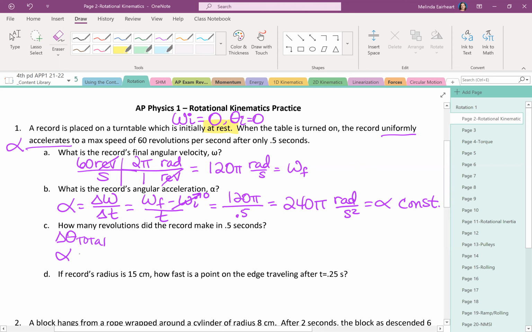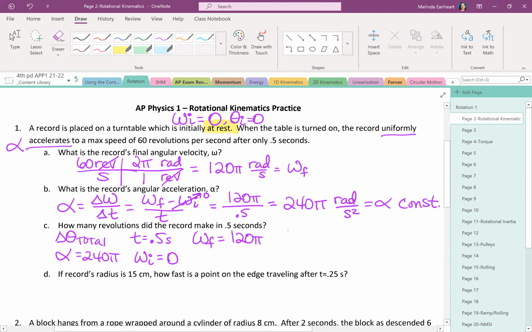Well, we know alpha is 240. We know the time is 0.5 seconds. We know it initially starts at rest. And actually now we do know the final, so there's a couple equations we can use. Do y'all have a suggestion?